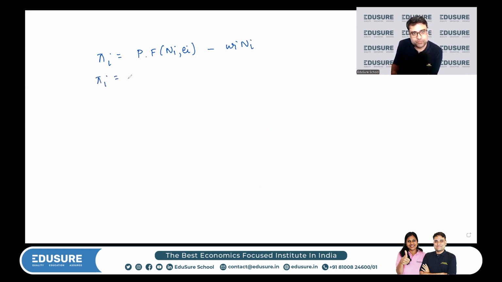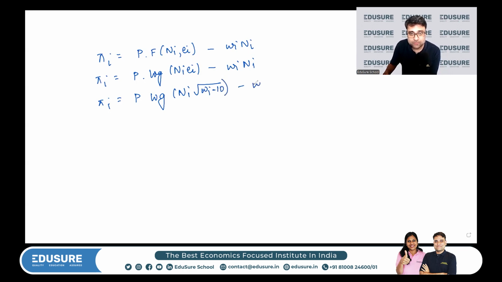So this is basically P into log Ei Ni minus Wi Ni. Now, Ei, I already know what it is. It's basically root over Wi minus W naught. W naught is 10. So the profit of the ith firm will look something like this.